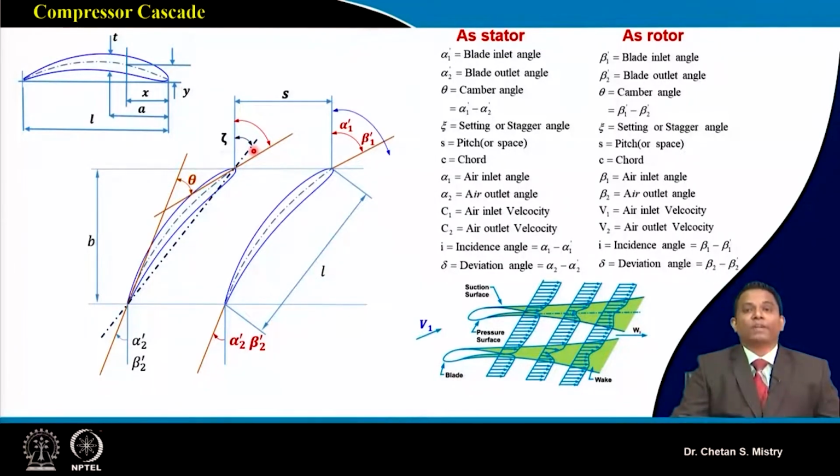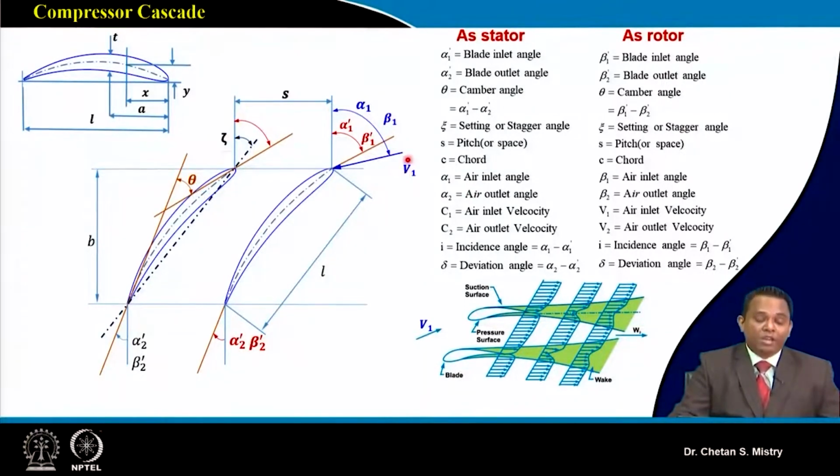Now, suppose my flow is incident on my aerofoil or on my cascade at a certain angle, say alpha 1 or beta 1. Do not forget: alpha 1 dash and beta 1 dash are my blade inlet angles, and alpha 1 and beta 1 are what we define as the air inlet angles.